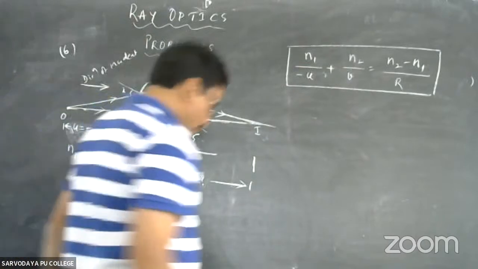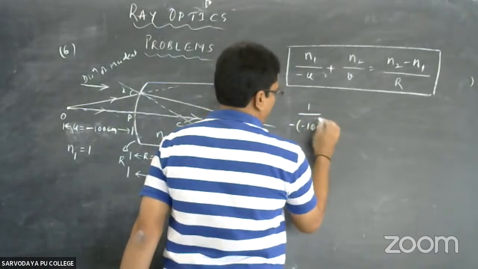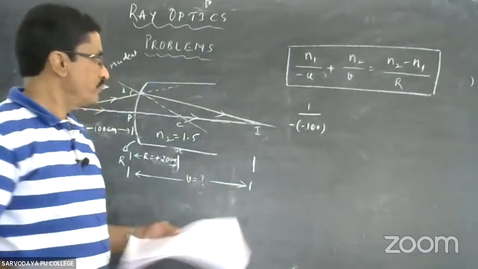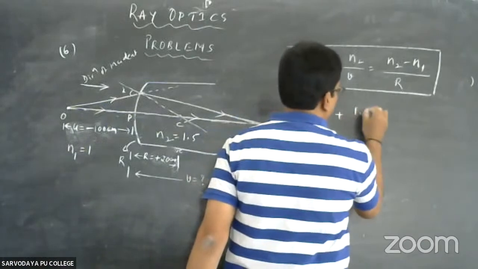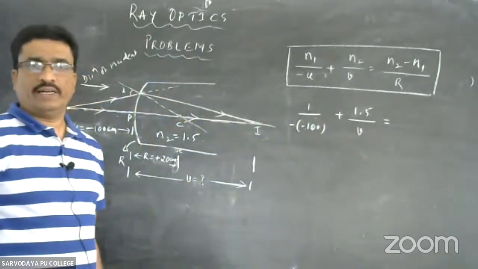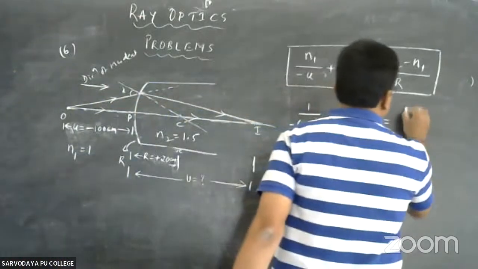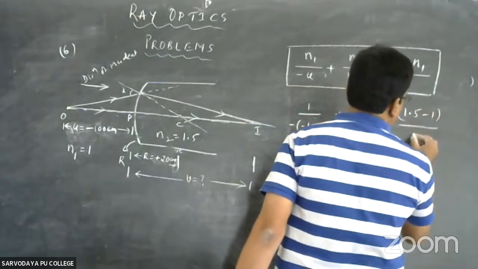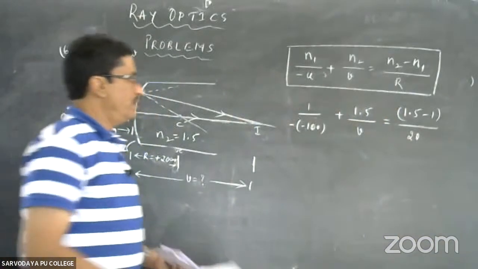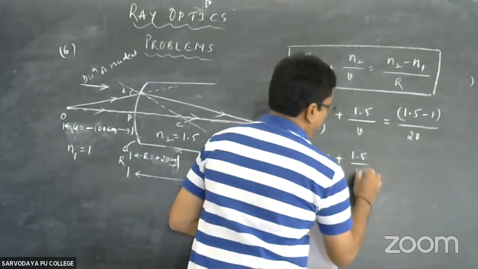In place of n1 we put 1 by minus 100. Since it was minus, we have to put it in the denominator. Plus n2 is 1.5 by v, equals 1.5 minus 1 divided by 20. 1 by 100 is 0.01, plus 1.5 by v.